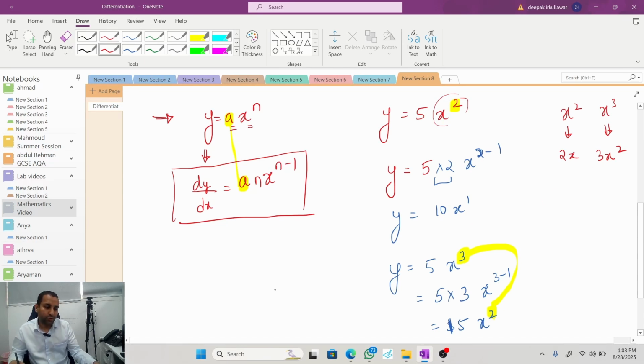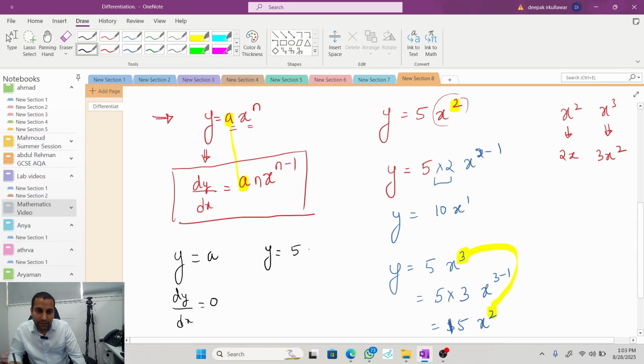One more thing you need to know: differentiation of a constant is 0. So if you have y equals some a, and you do dy by dx, it would be 0. Why would it be 0? Suppose you have y equals 5.